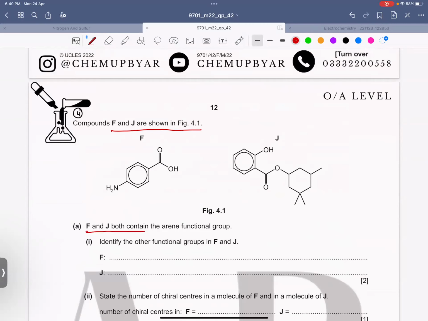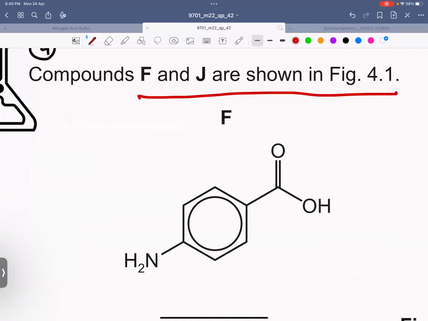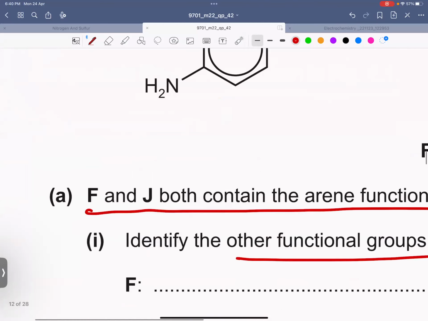They both contain the arene functional group. Identify the other functional groups. Carboxylic acid. Beside carboxylic acid, what else? Amine. Okay.